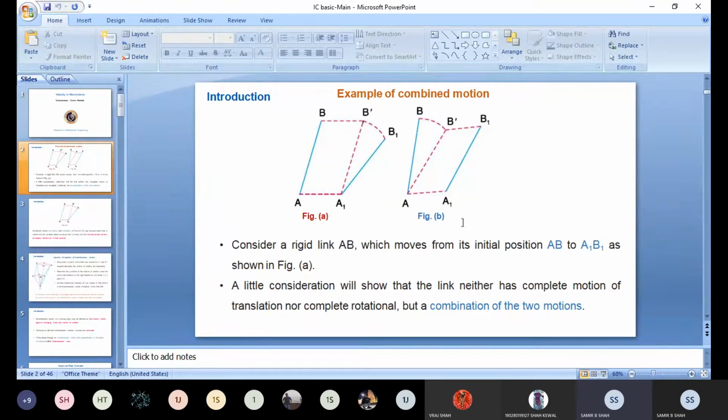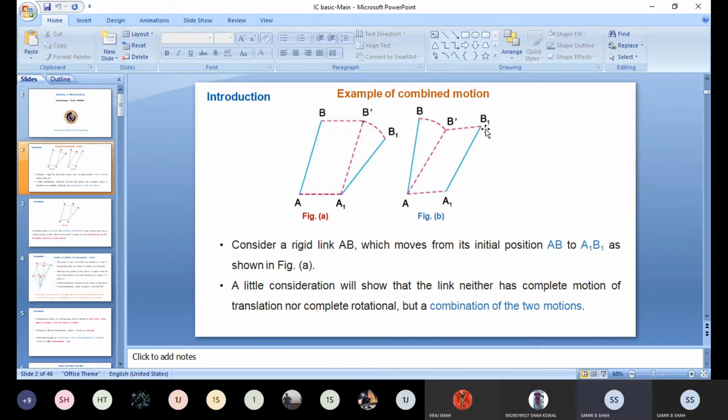If you see figure B, the link AB has the motion of rotation from AB to AB dash about A, and then the motion of translation from AB dash to A1 B1.